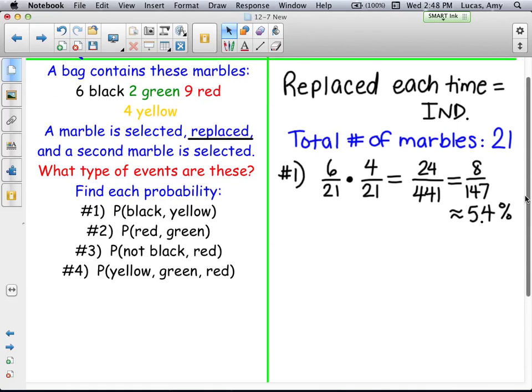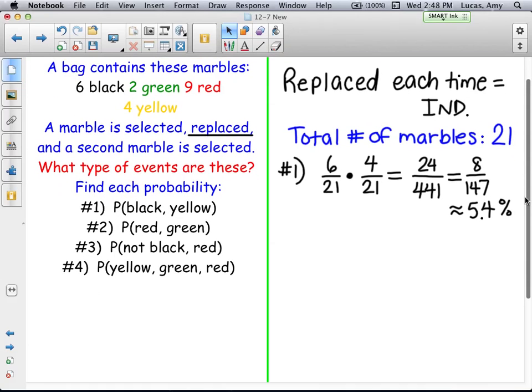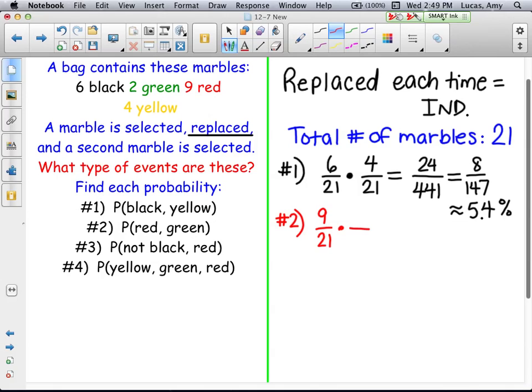Okay, our next probability. Number 2, we have red and then green. So the probability of drawing red first is 9 over 21. And then we're replacing it, we're putting it back in, so the probability of green is 2 over 21.